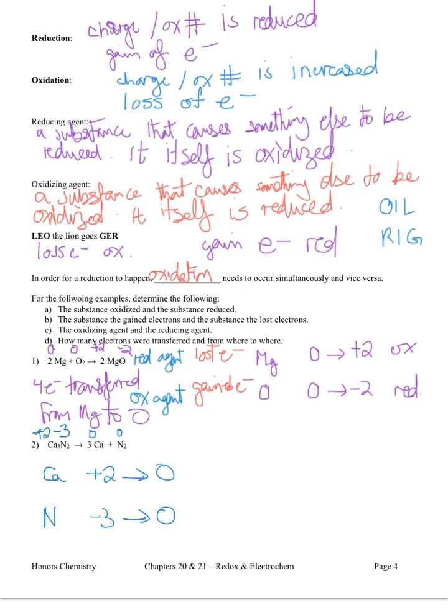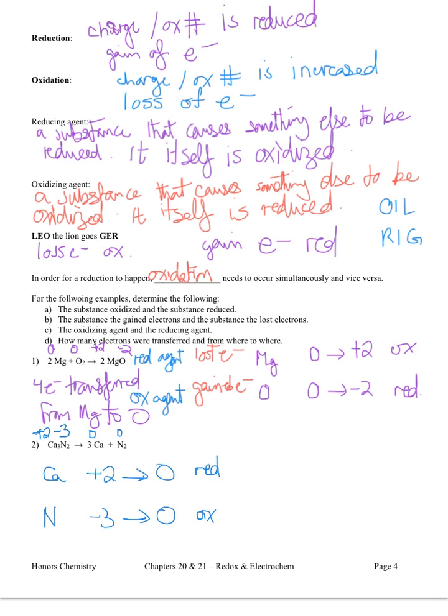Okay, you always ask yourself first, which one got reduced? So the number that got reduced, that would be the calcium. It went from +2 to 0. It got smaller. The oxidation would be the one that got higher, that increased. That would be the nitrogen going from -3 to 0.